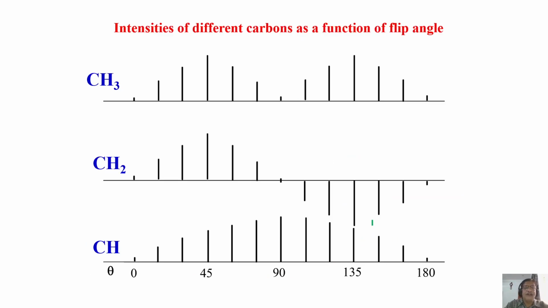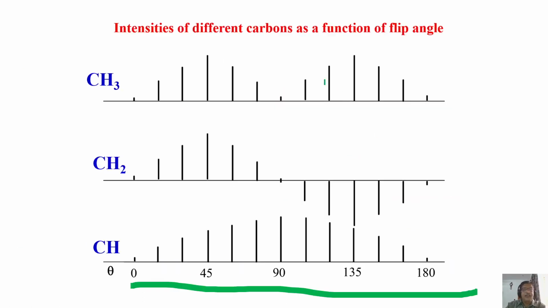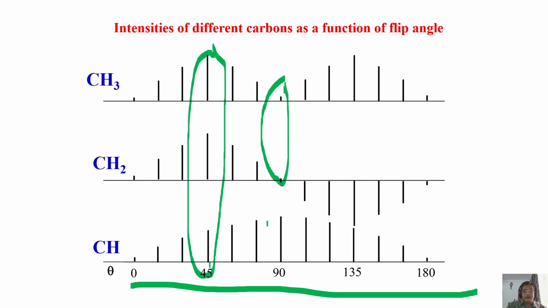So what people have done is, see, this is a comparison of the intensity of different carbons as a function of flip angle theta, the flip angle of this last pulse. When it is done, you see intensity keeps going like this. At theta equal to 45 degree, all the 3 signals are positive. When theta is equal to 90 degree, these two are practically 0, you get only the CH peak.